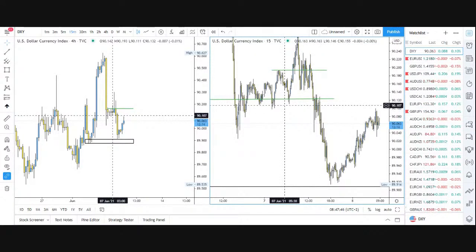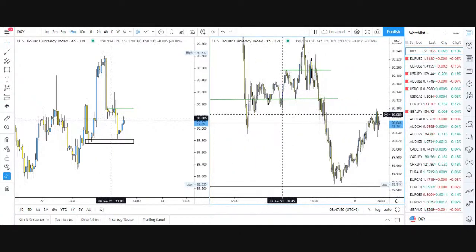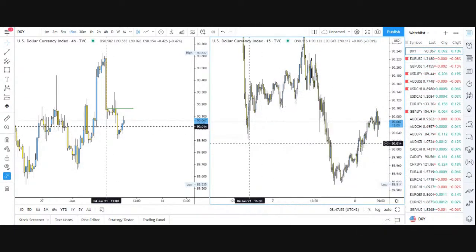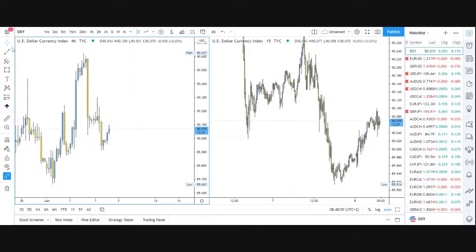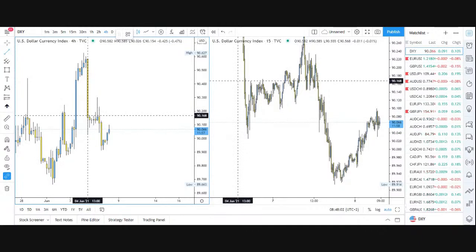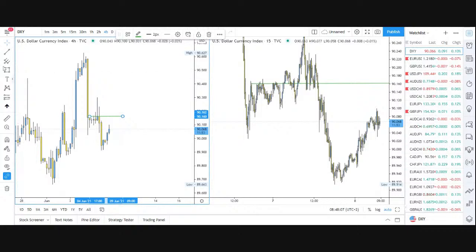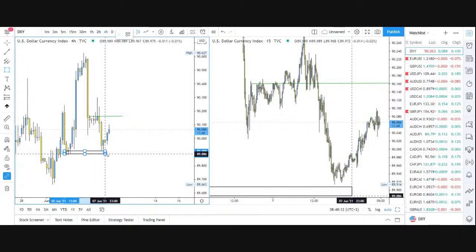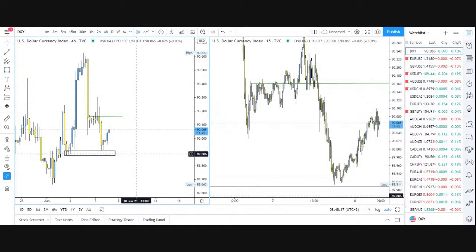Every day I try to remind myself to do this. Every single day. But clearly, I want this key level right here. And then I want this right here. Right? That's what we want.